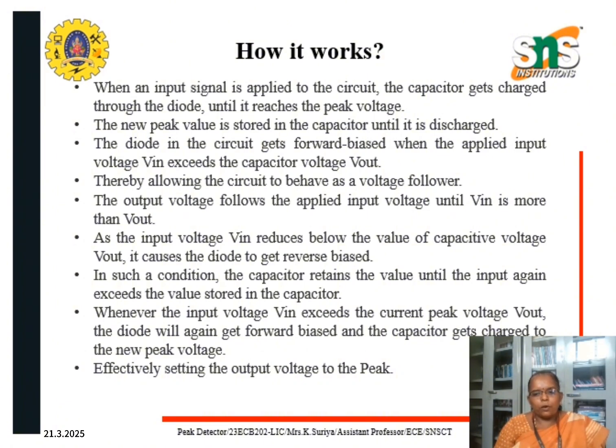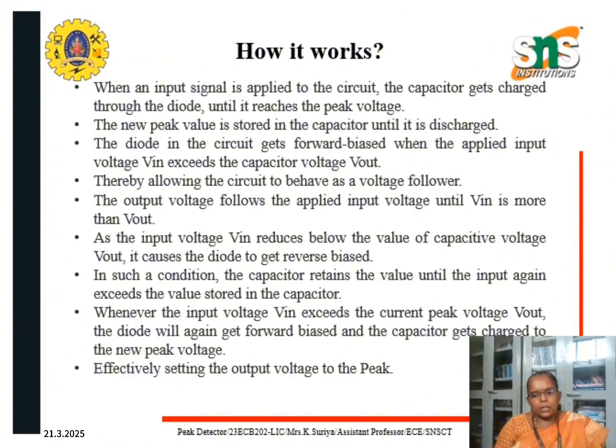You know that a voltage follower is nothing but a circuit which has the output same as the input. So the output follows the applied input voltage until the input voltage is more than the capacitor voltage at the Vout. When the input voltage reduces below the capacitor voltage, it causes the diode to get reverse biased.